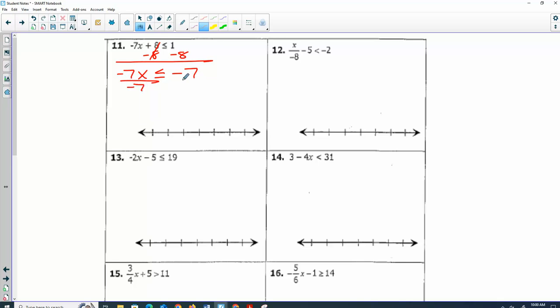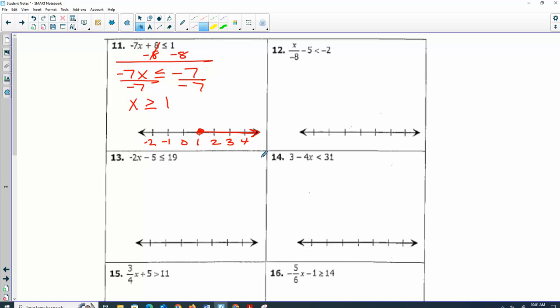If I divide by negative 7, when I do that, my inequality flips. So instead of a less than, it's a greater than or equal. Negative 7 divided by negative 7 is positive 1. So on my number line, if I wanted to label a few numbers, because of the equal to, it would be a closed circle at 1, and it's everything greater.